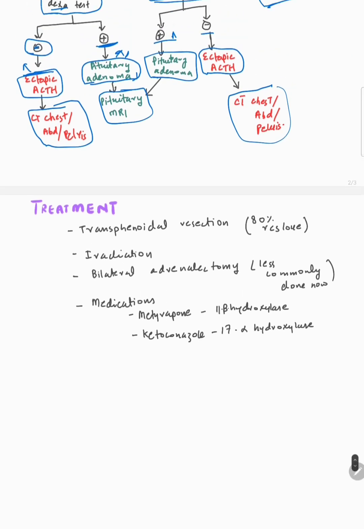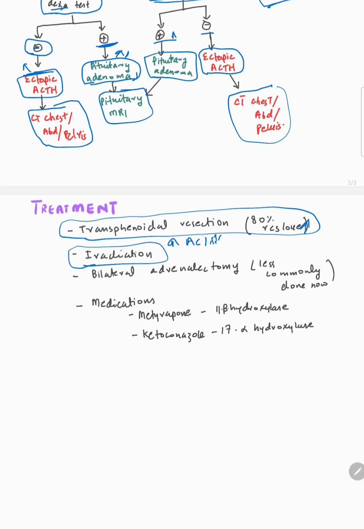So now let's talk treatment here real quick. For treatment, the first line, if it's pituitary adenoma or Cushing's disease, you do transsphenoidal resection, and it will resolve 80% of the cases. Then if the patient did transsphenoidal resection for pituitary adenoma and still there is increased ACTH, you can do something called irradiation.